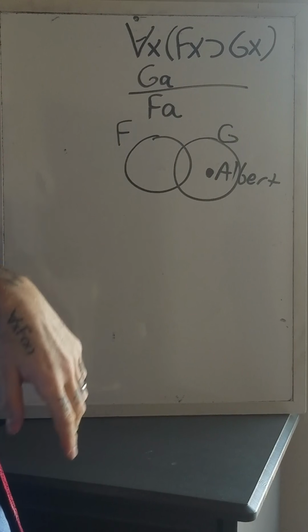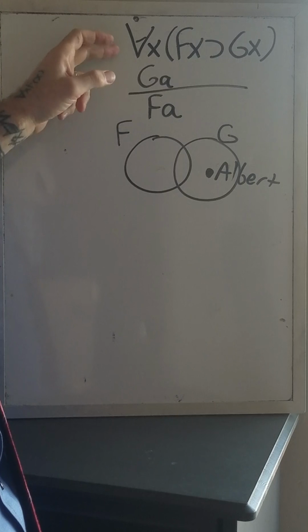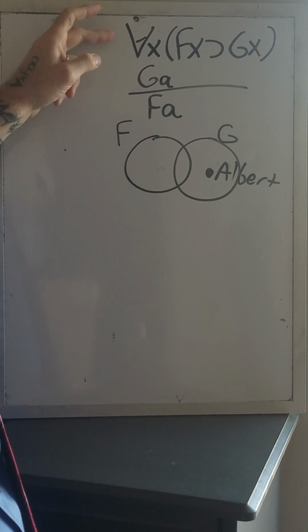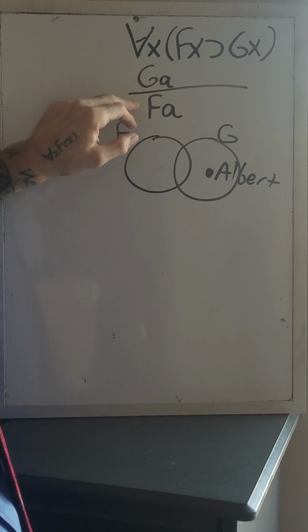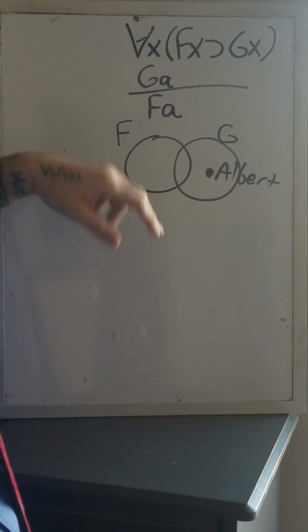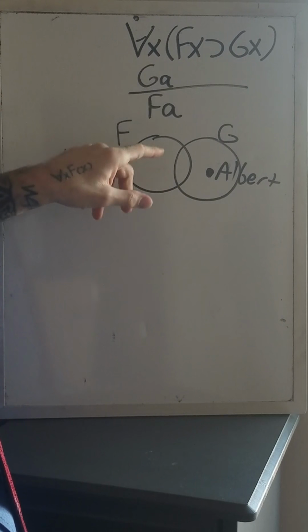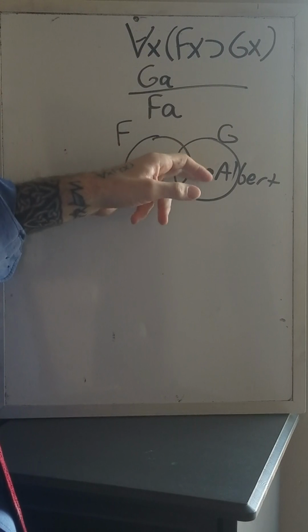Albert is in G, and we need to make the premise true and the conclusion false. The conclusion is false already: Albert is in G, Albert is not an F. This says if it's F, then it's G. That's already true. There's nothing that's F and not G.